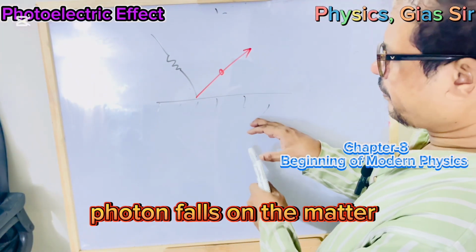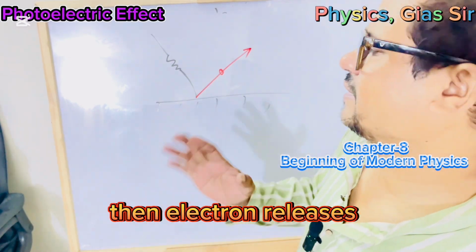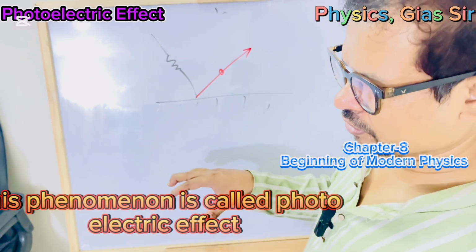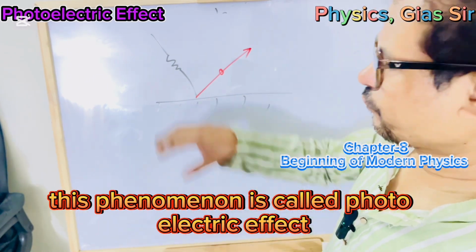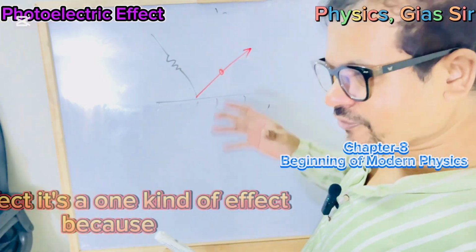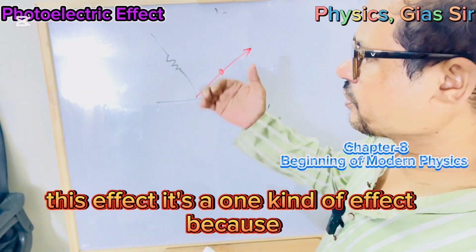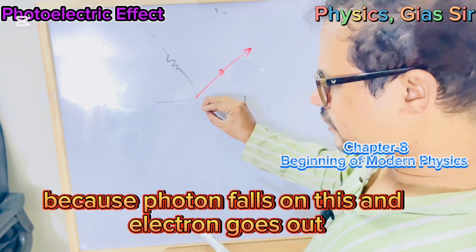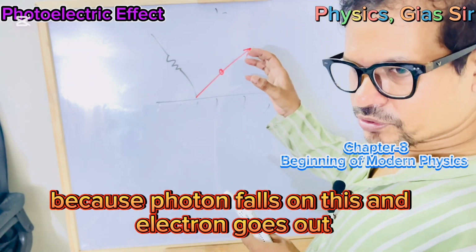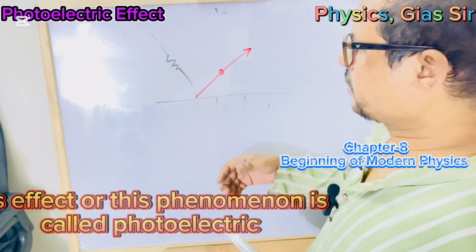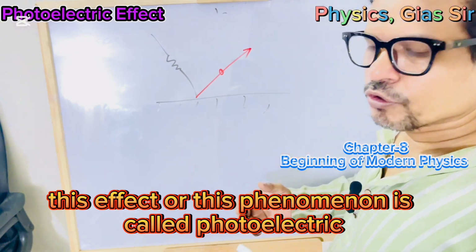A photon falls on the metal, then electrons are released. This effect is one kind of effect because a photon falls on the metal and electrons go out.